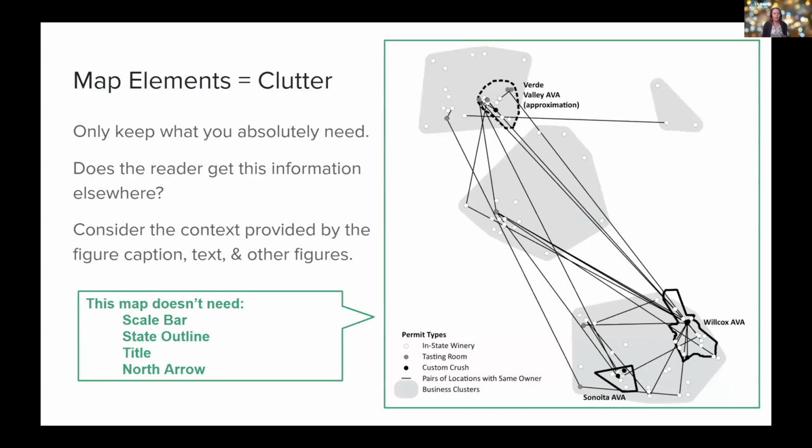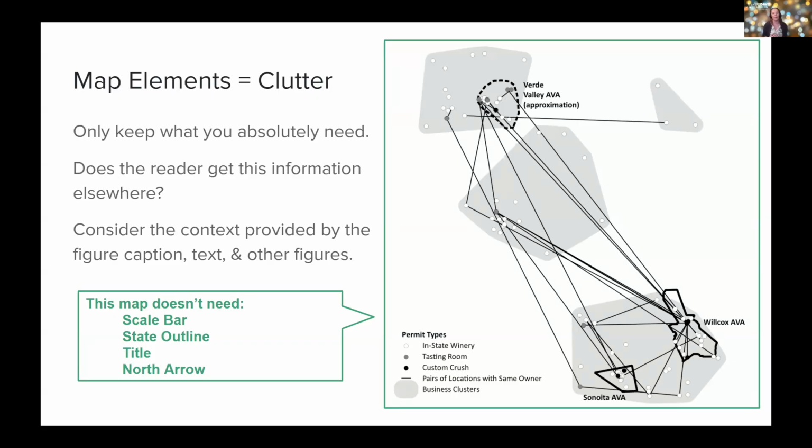So the second part of simplifying things is map elements. Map elements to me feel like clutter. When I used to teach intro to GIS, we'd always say you always have to have a title, you have to have a north arrow, you have to have all these things. I'm going to tell you now you don't need all that stuff most of the time.